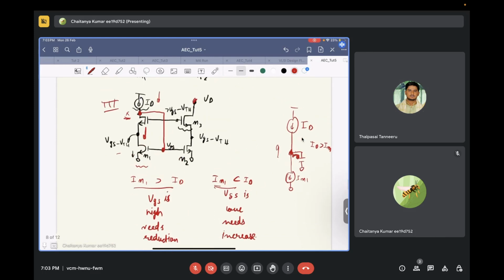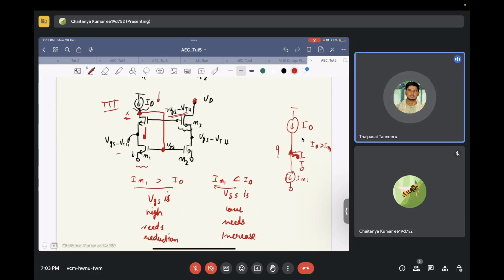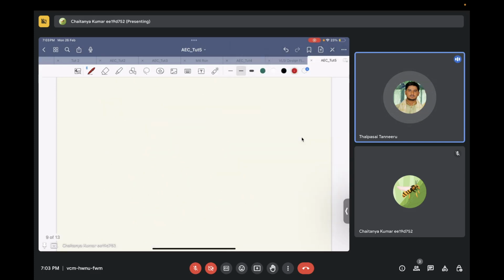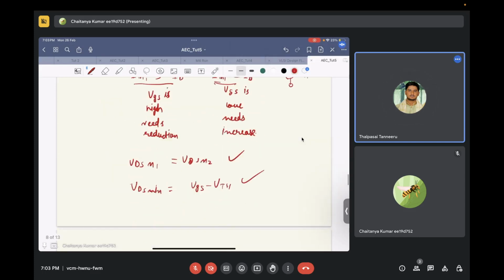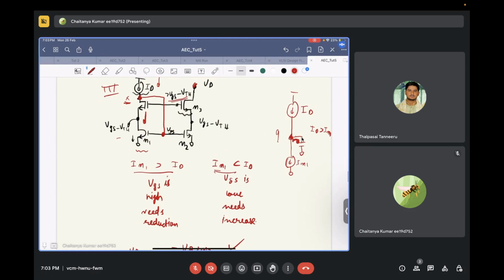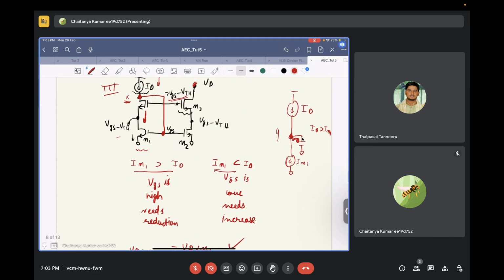Now the other question is, how will you generate this 2 VGS minus VTH? That depends on the source voltage, right? No, I am saying you need an external battery to generate 2 VGS minus VTH. How will you do that?